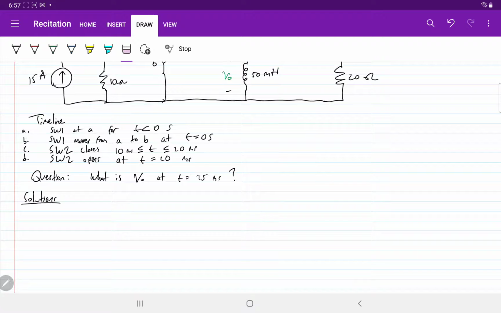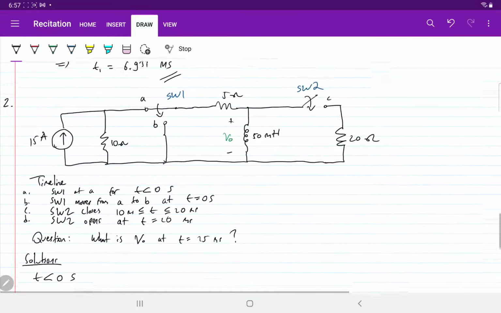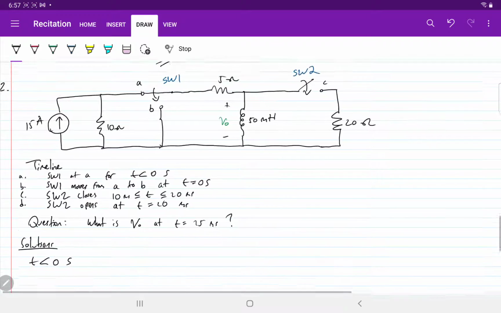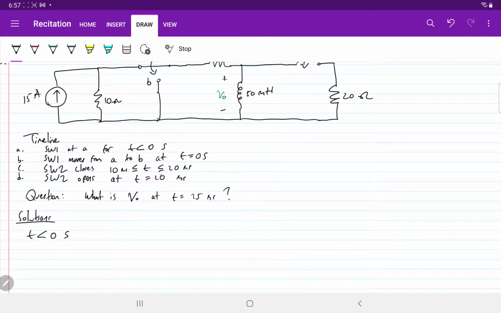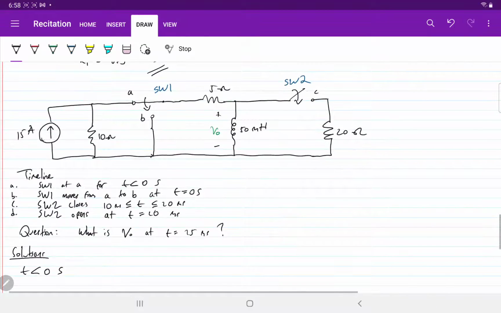Okay, so let's consider timeline A. So for t less than 0, what do we have? Initial condition. So for a long time we have this condition, right? The switch is at this position for quite a long time. So it means that this inductor is charged, right?